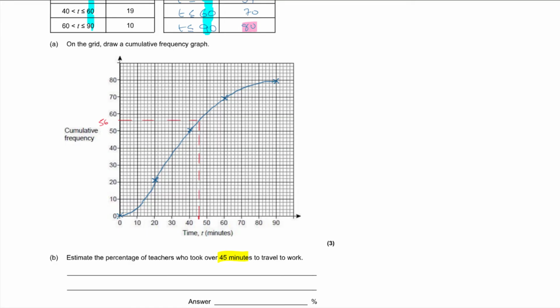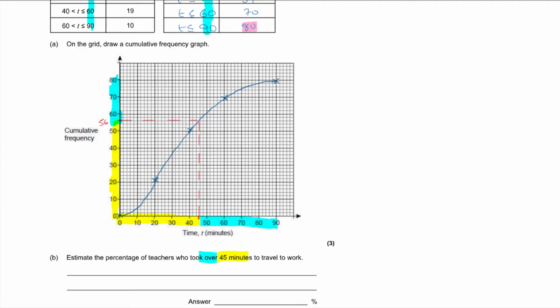Okay. Now, but remember what I was saying earlier. What this graph is telling you is that below 45 there are 56. All these 56 have got a time of 45 or less. Now we want people who took over 45 minutes. Okay, so over 45 minutes is this side of the line, and on the cumulative frequency, it's going to be these people up here.